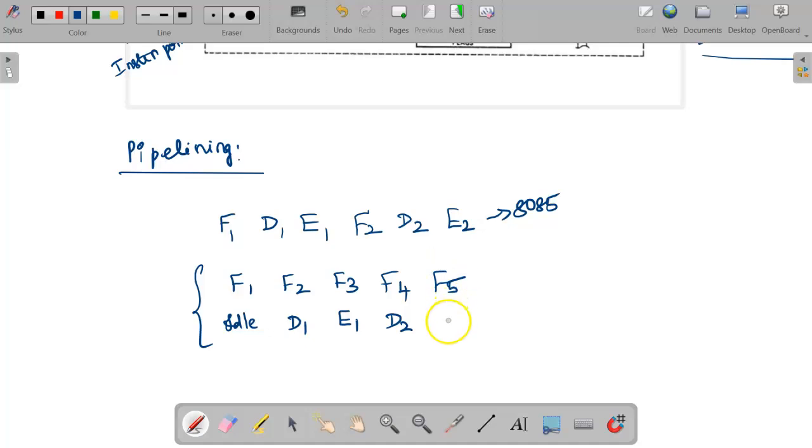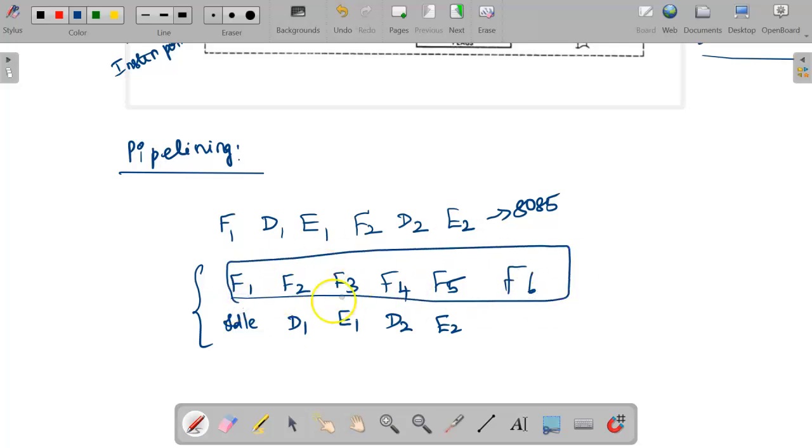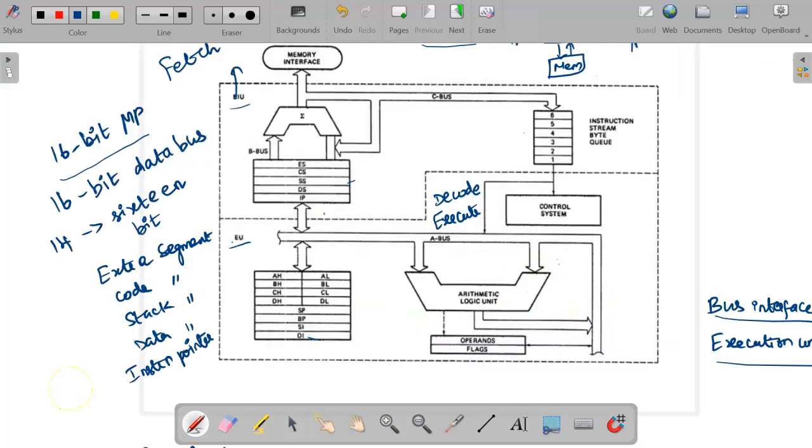Fetching of your fifth instruction means execution of the second instruction will happen. And we have the instruction byte queue, where 6 bytes of instructions are fetched at a time. One by one, the fetched instructions are given to the execution unit, where they are decoded and executed parallelly. And then the bus interface unit consists of 4 segment registers.